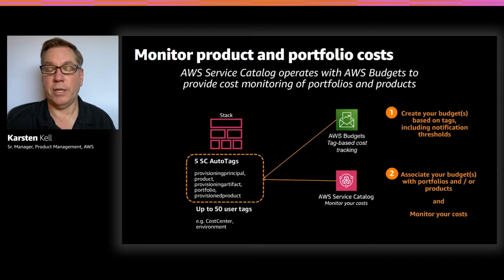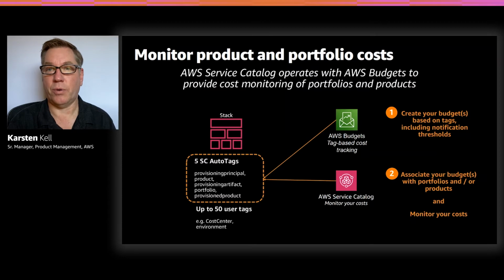If you create a budget, you can associate that in Service Catalog with your Service Catalog portfolio or products. So I've got portfolio A, which has an AWS system tag that denotes portfolio A. I create a budget for that, and I associate it with that portfolio. At that point, Service Catalog will track that for you.